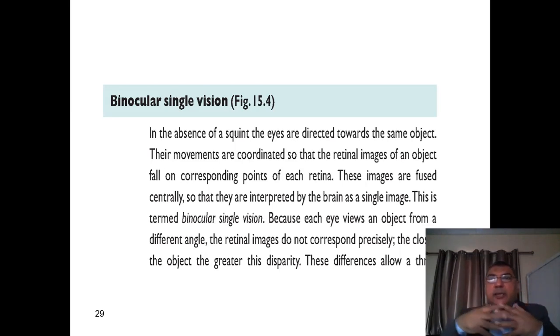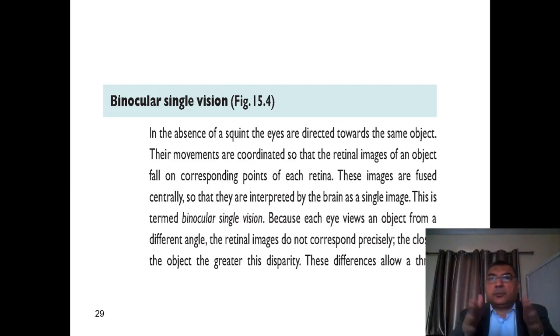So the brain will not be able to fuse these images, and it has to suppress the image which is not of interest. Automatically the brain will suppress the image of the right eye, because this image will produce confusion in the brain, and there is no fusion, because they are different images.